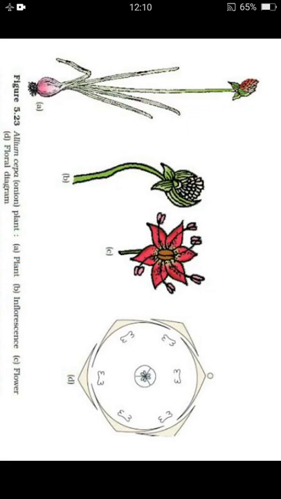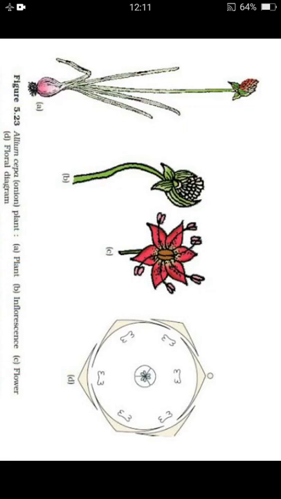So a bar from A to P, from androecium to perianth. The perianth symbol is P, the androecium symbol is A. From androecium to perianth, one bar should be drawn above. Why? Because the stamens are attached to the perianth. This phenomenon is called epipetalous.